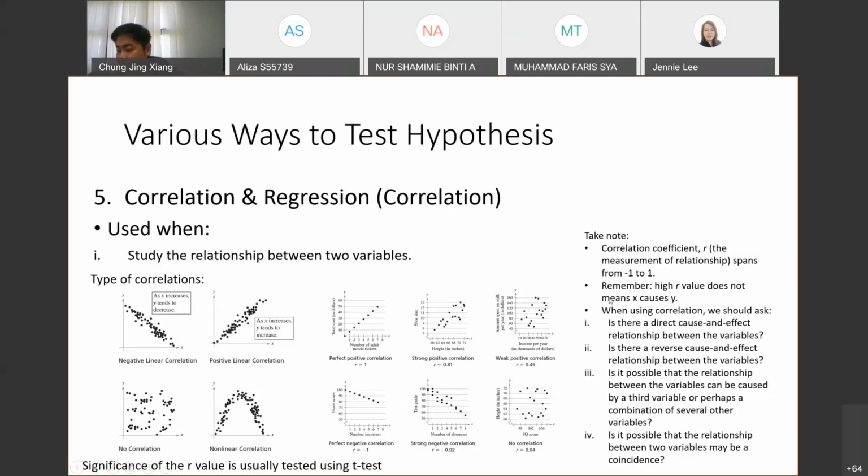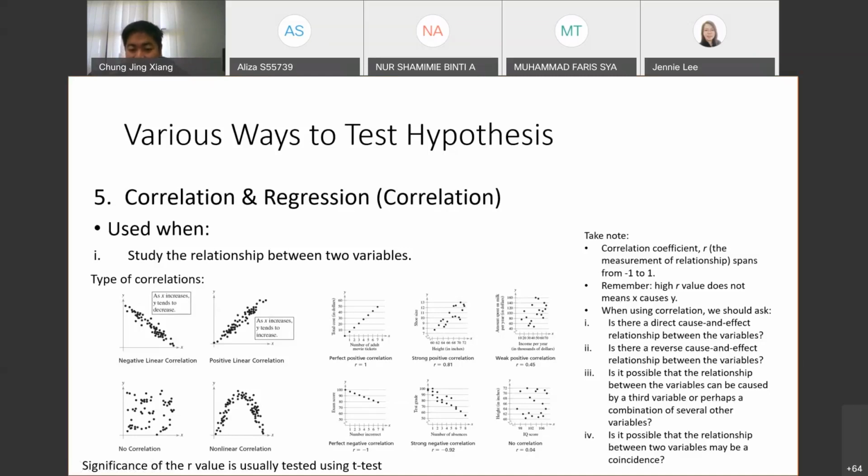You have to always remember, when R value is high, it does not mean X causes Y. Why is this the case? I told you just now, when the R value is high, the relationship between two variables is strong, but when the R value is low, the relationship is weak.